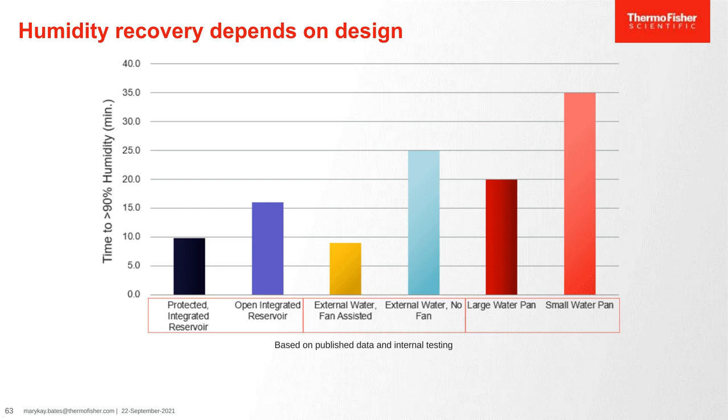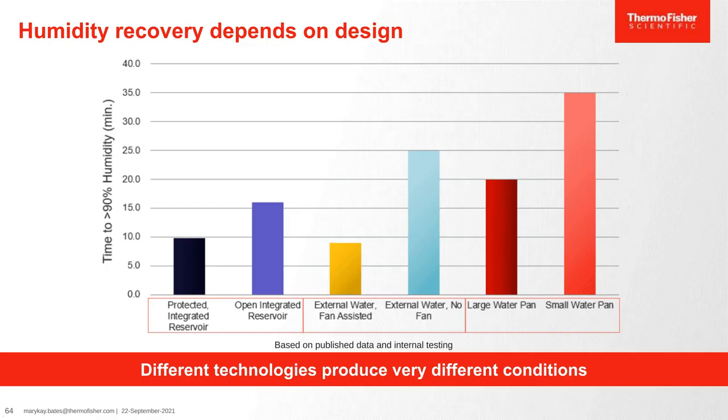And just like temperature and CO2, humidity recovery varies greatly depending on the design of the incubator, and different technologies produce very different conditions. So we like to provide a protected integrated reservoir for the humidity in the Harrison Vios CR CO2 incubator, which provides good balance but fast humidity recovery in a dry condensation-free chamber to help provide good cell growth, but it's also very controlled.